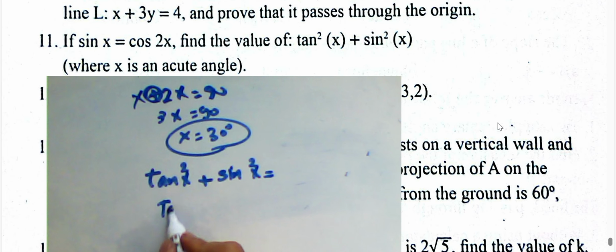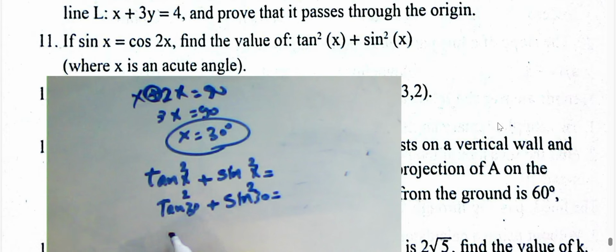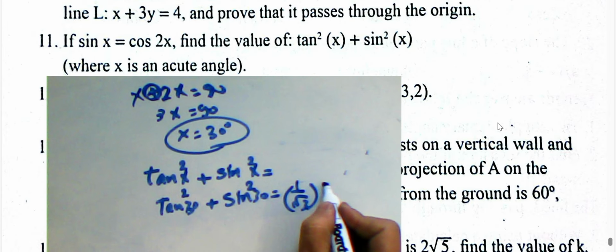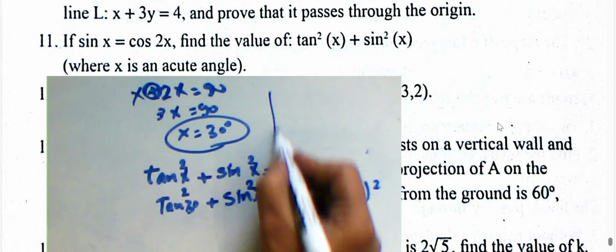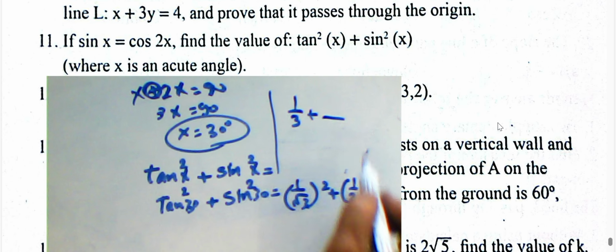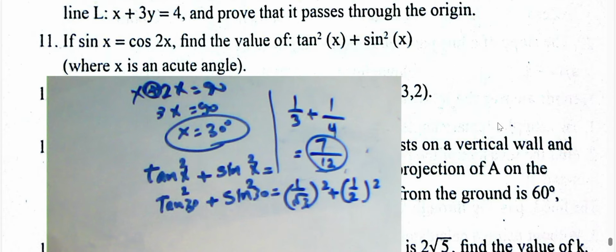X was 30, then we write tan 30 squared plus sine 30 squared. Tan 30 equals 1 over root 3, all squared, and sine 30 equals 1 over 2, all squared. 1 over root 3 all squared is 1 over 3, plus 1 over 2 all squared, which is 1 over 4. Simplify: common denominator 12, 1 times 4 is 4, 4 plus 3 is 7. The result will be 7 over 12.